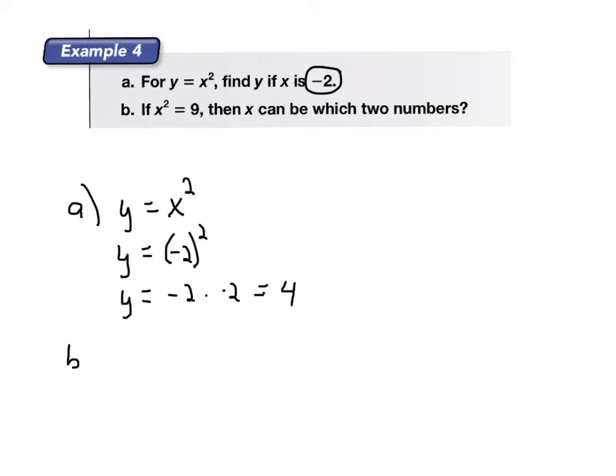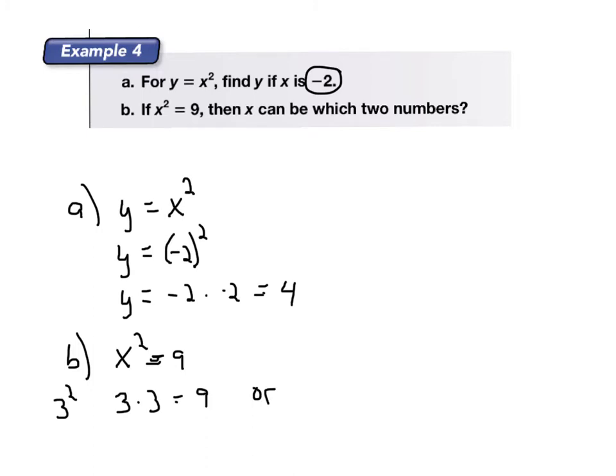All right, for B, it says if x squared equals 9, then x can be which 2 numbers? So let's see. If x squared is equal to 9, then what can x be? Well, x can be 3 times 3, right? Because 3 times 3 makes 9, so that would be 3 squared.